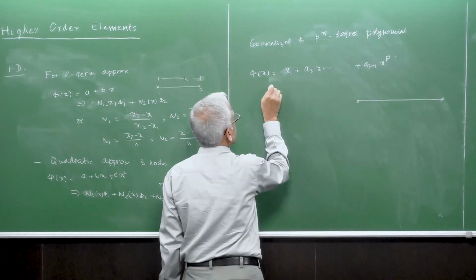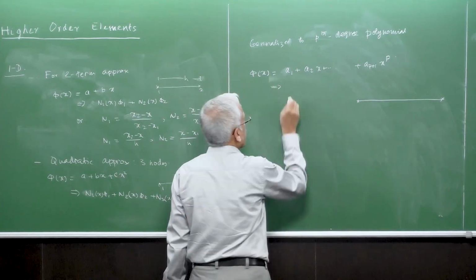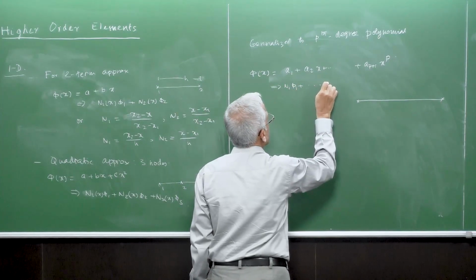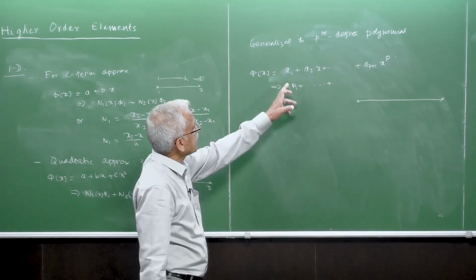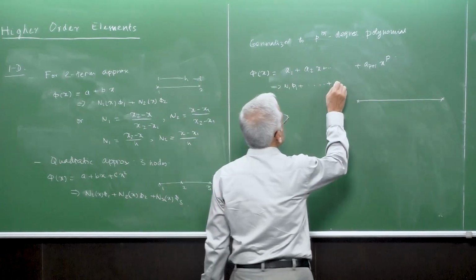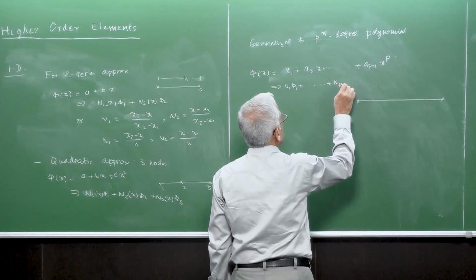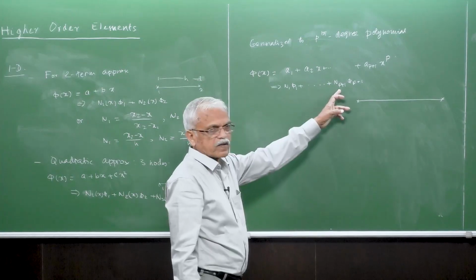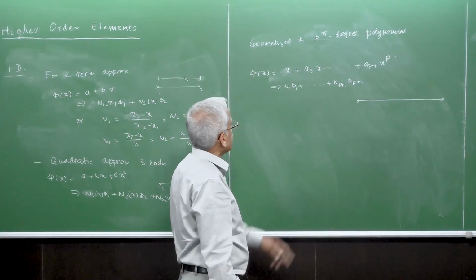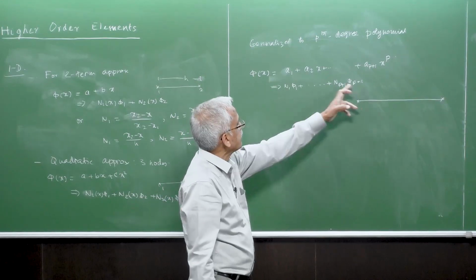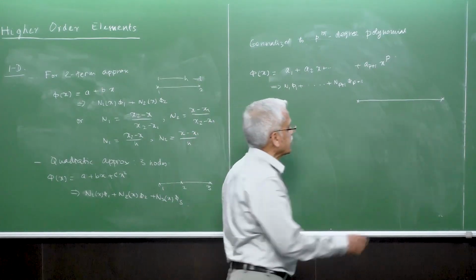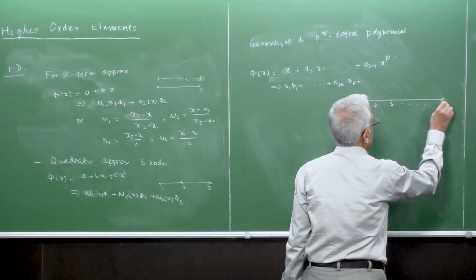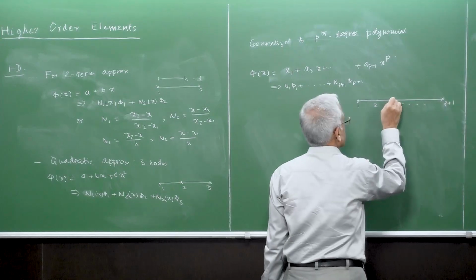So this is equivalently, we'll put it as what? As N1 by 1 up to, so how many terms? So there are p plus 1 terms. So we have N_(p+1) by p plus 1, where N1, N2 up to N_(p+1) are the shape functions, and the coefficients are phi 1, phi 2, 3 up to phi_(p+1).